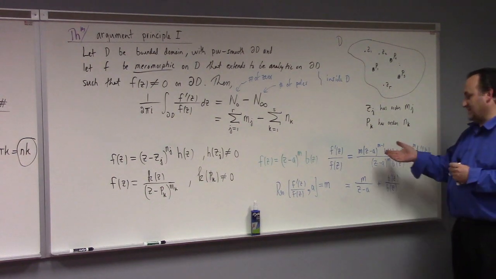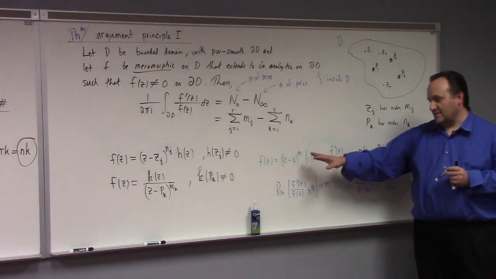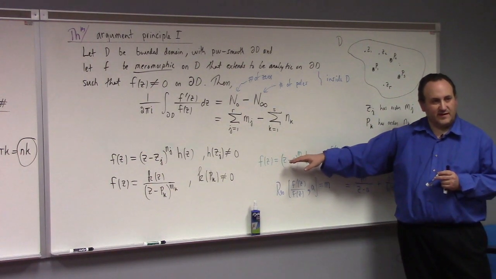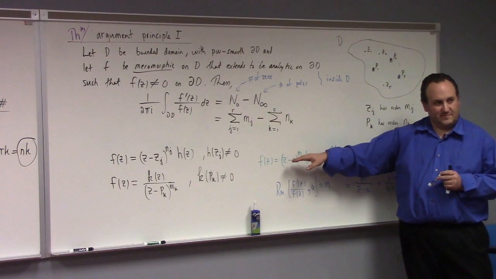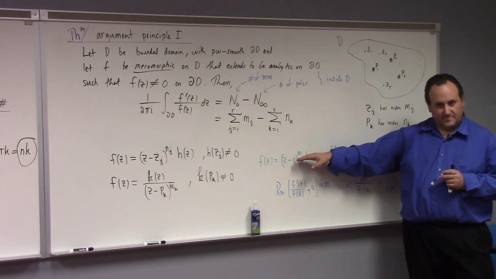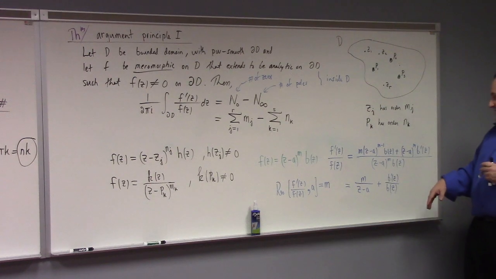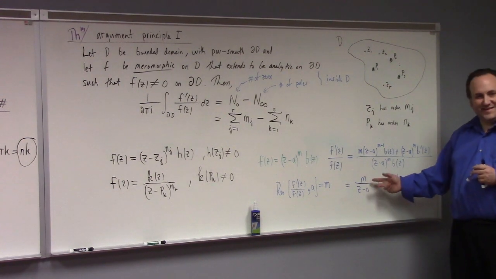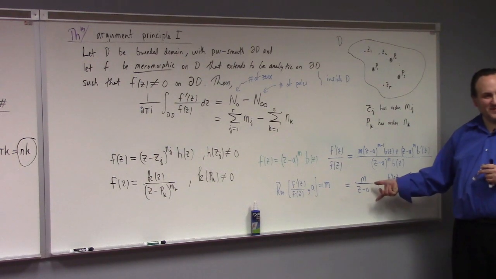Exactly. Notice that I did this calculation without telling you if m was positive or negative. The funny thing is, whether m is positive or negative, the division still works out to the reciprocal like this, whether it's a pole or not.